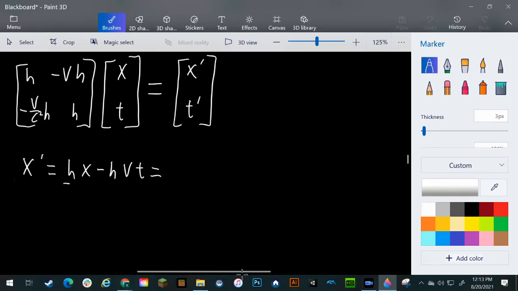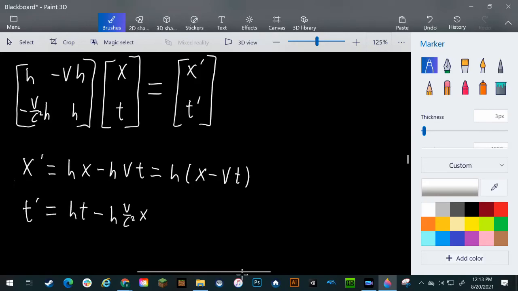And I'm just going to go ahead and factor an h out of everything, just to make x prime a little bit simpler. So what is t prime? And again, I'm just going to factor an h out of everything to simplify. Okay, so now we've found this vector x prime and t prime.